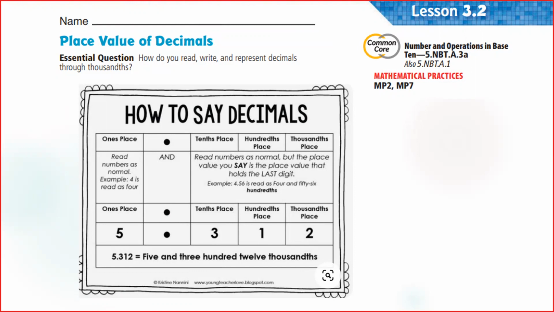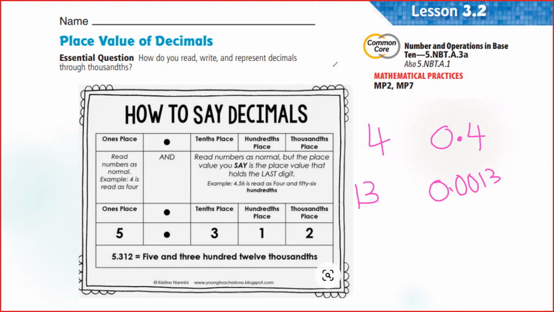So here, if you see number 4, this is whole. But if you see 0.4, this is decimal. If you see 13 as an example, this is whole. But if you see 0.001, and there's a point, it means this is a decimal.